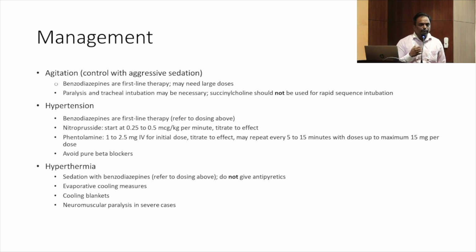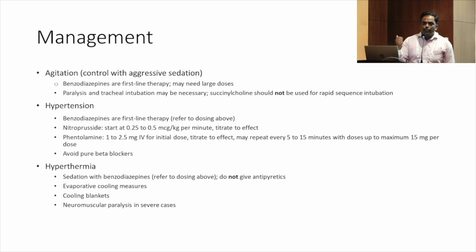But while doing tracheal intubation, please avoid succinylcholine because it can cause deadly hyperkalemia. Hypertension, how to treat? Because of sympathomimetic action, heart rate will be very high and the patient will be very hypertensive. Again, benzodiazepines will calm these patients. In case they are not able to calm down, then you give peripheral vasodilators rather than acting on the heart, that is nitroprusside and phentolamine.